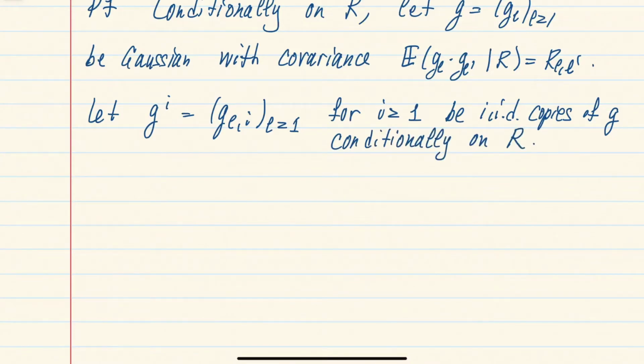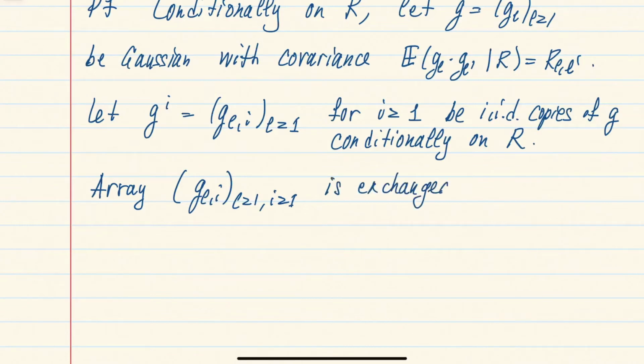And the main observation here will be that this two-dimensional array that we just defined, right, since we now have two indices, we can just think of this sequence of sequences as a two-dimensional array. It turns out that this array is actually exchangeable in the sense that we described in the last section, namely that if you permute your rows and you permute your columns by different one-to-one functions pi and rho, you end up with an array equal in distribution to your original array.